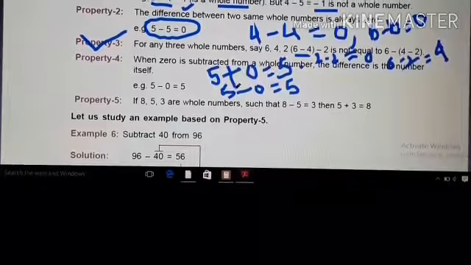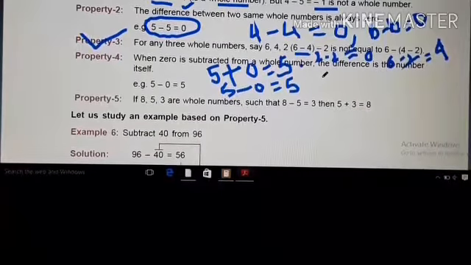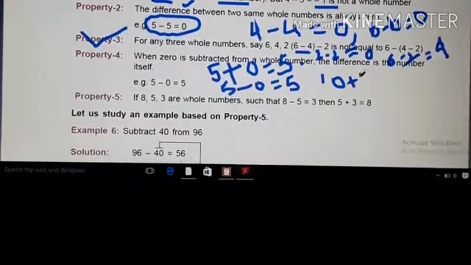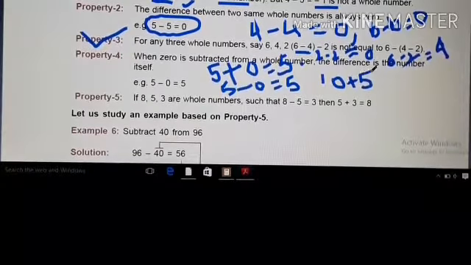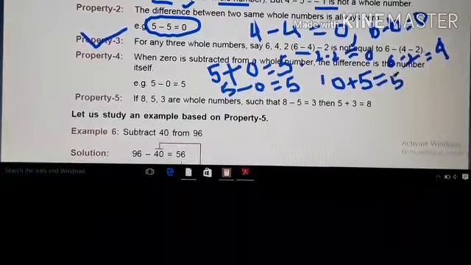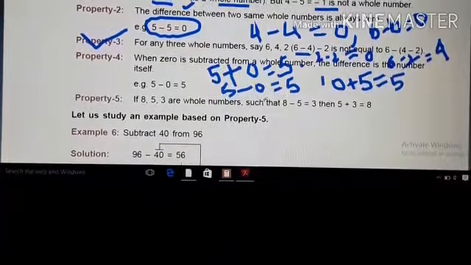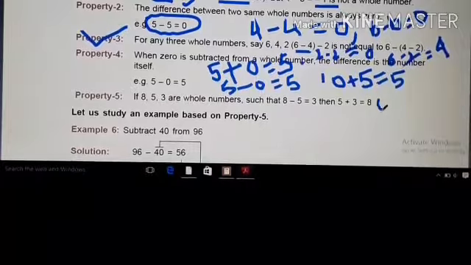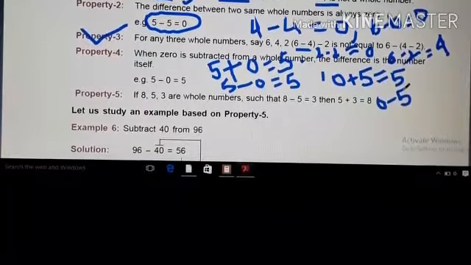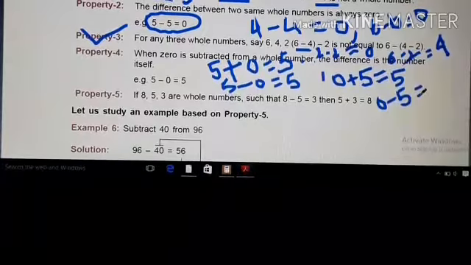In the previous case, if 0 is added to 5, you get 5. But in this case, when 5 is subtracted from 0, how much does it give you?